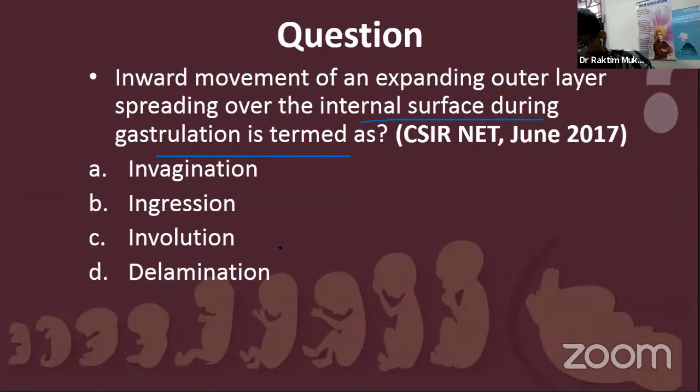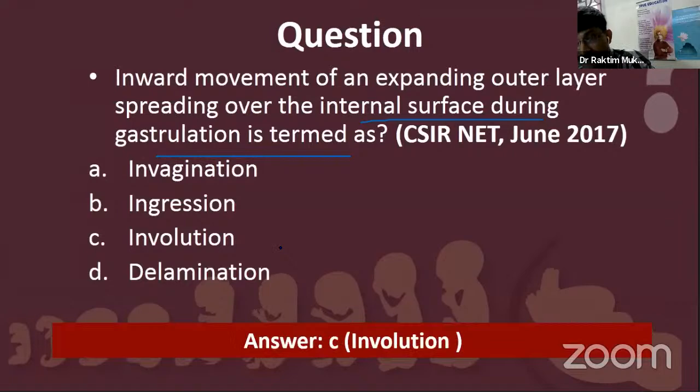The correct answer, of course, is C, that is involution. This is the event that takes place during gastrulation. So the answer is not invagination. The correct answer is involution.